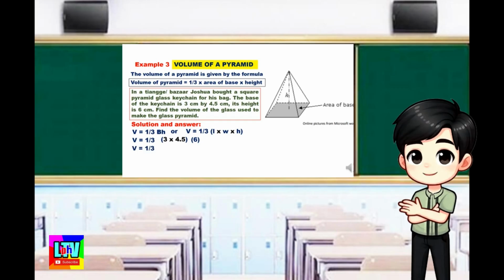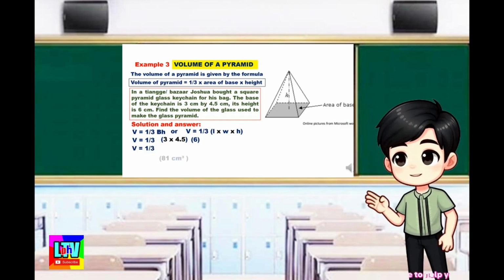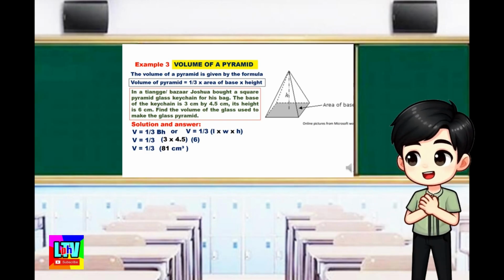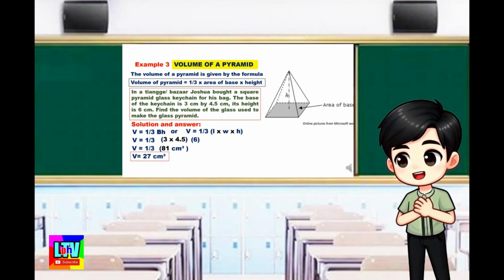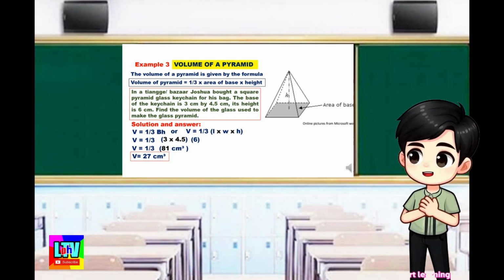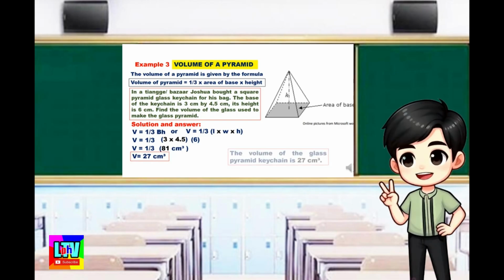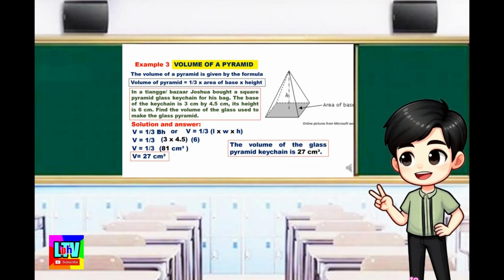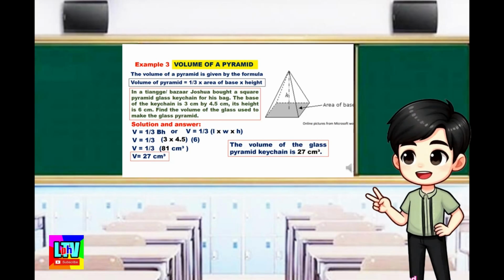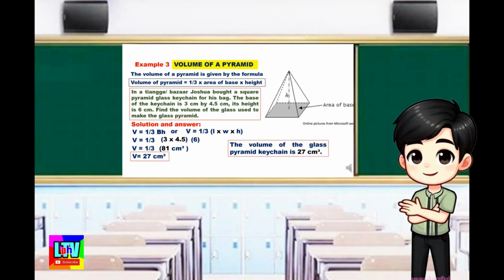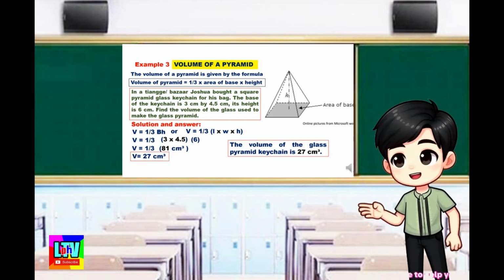Let's multiply 3 times 4.5 times 6 equals 81 cubic centimeters. Divided by 3 equals 27 cubic centimeters. That is the volume of the glass pyramid keychain. This is 27 cubic centimeters.